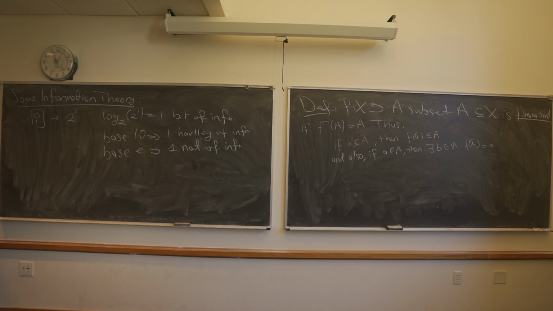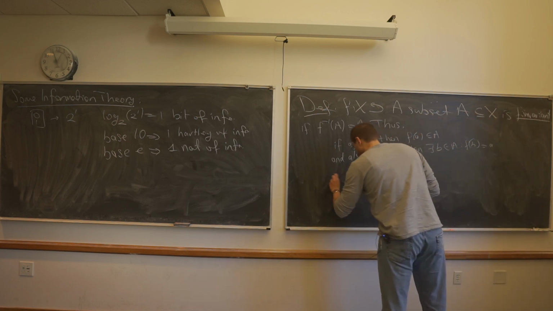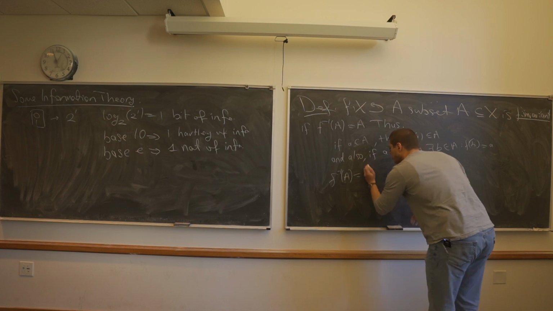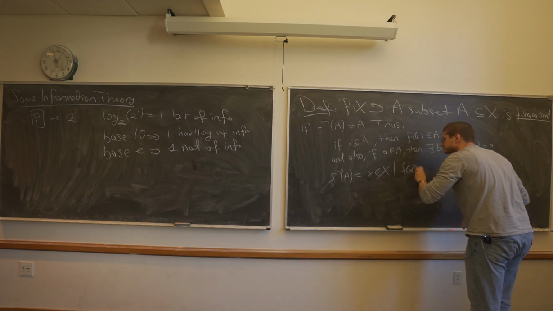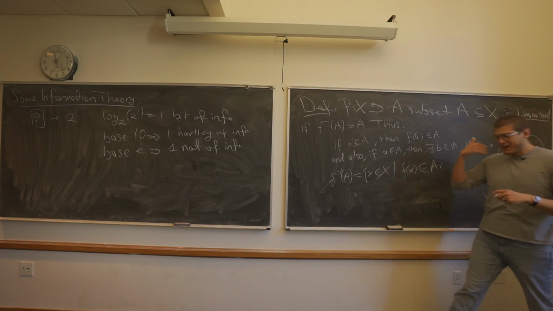Yes? You said that wasn't the inverse of F? It's not, yeah. The left-hand side, we defined a while ago, is the preimage of a set: all those x's in X such that f of x is in A. So pictorially, you have your big space X, and you have your A. If you start with any point here, an initial condition, and apply F to it, you're going to land on some other point, not necessarily the same point, it doesn't need to be a fixed point, but certainly you're going to land at some other point that is in A. And furthermore, if you started in A, there is possibly some other point in A that is the past.